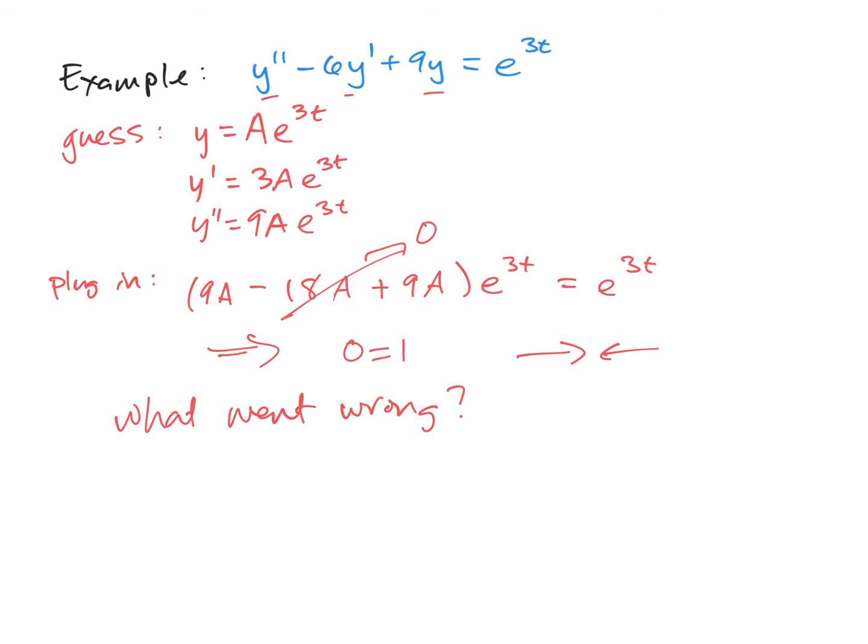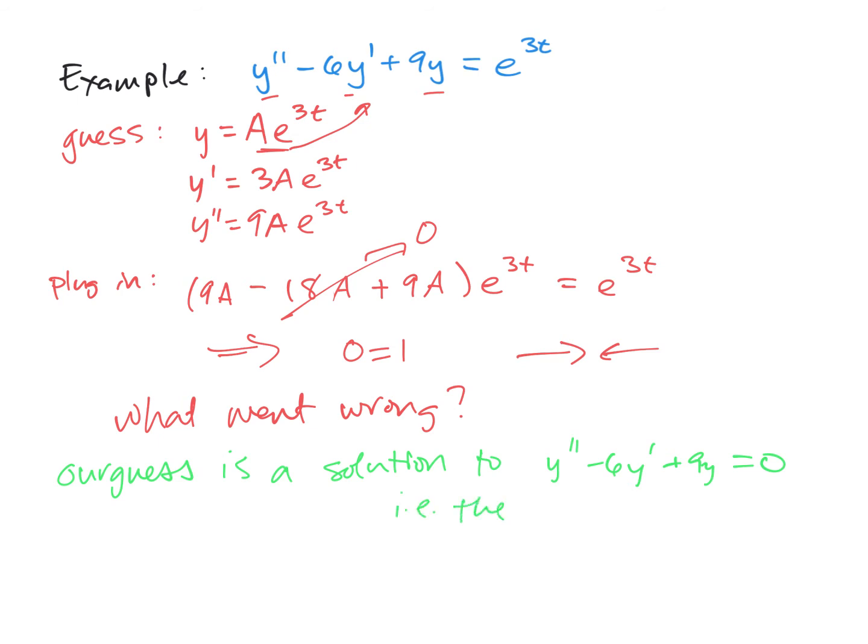The problem is that when we plugged our guess into the left-hand side, everything equaled 0. So we actually have that our guess is a solution to the left-hand side equals 0, i.e. the homogeneous equation.